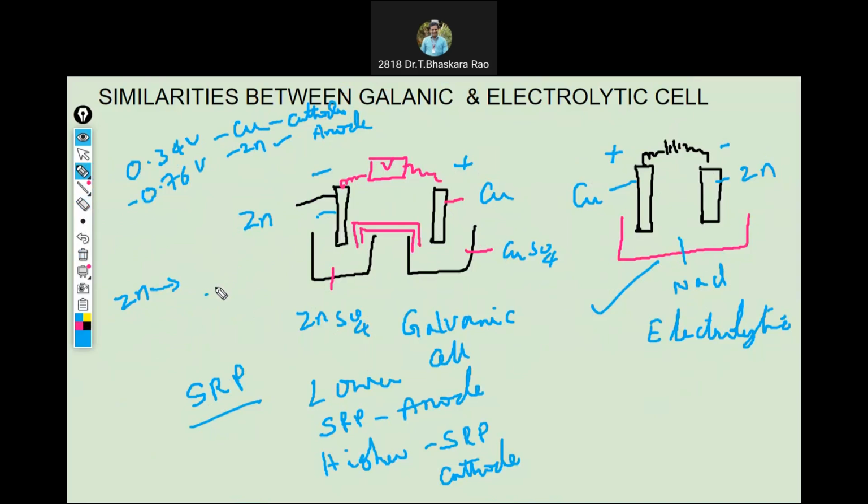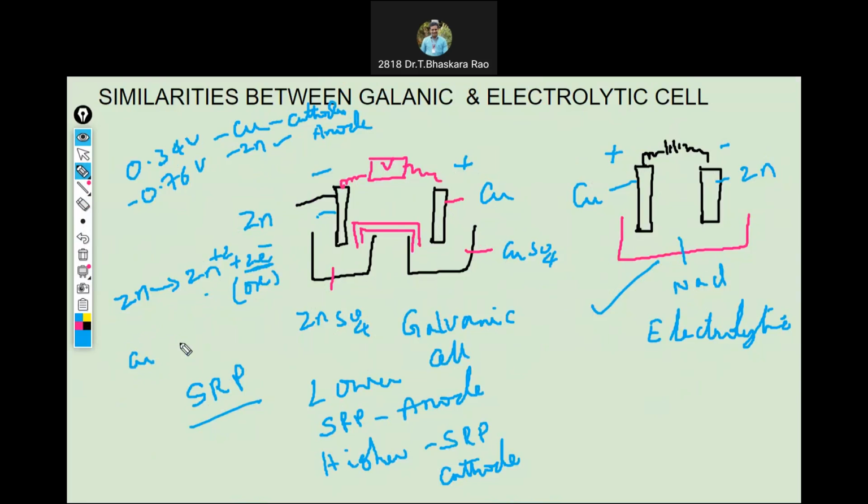So zinc gives zinc plus 2 ions and 2 moles of electrons. Loss of electrons is called oxidation.